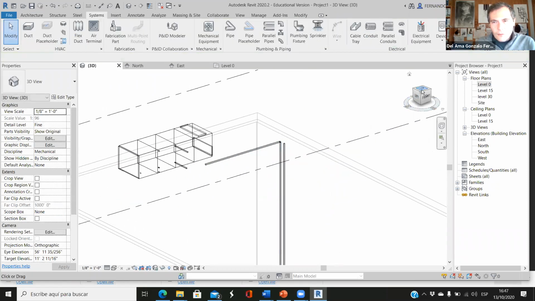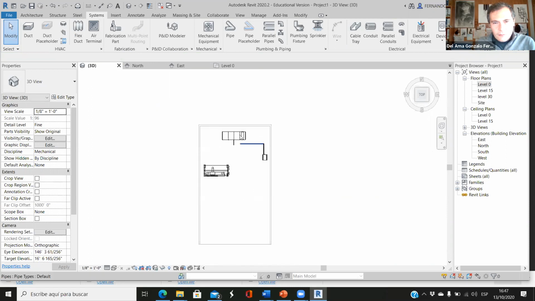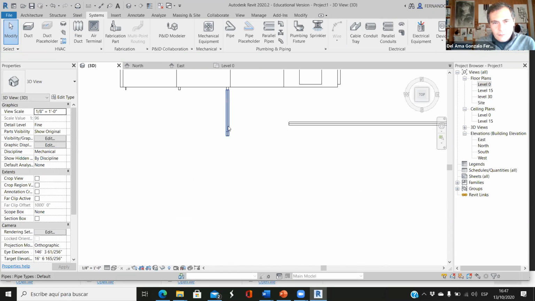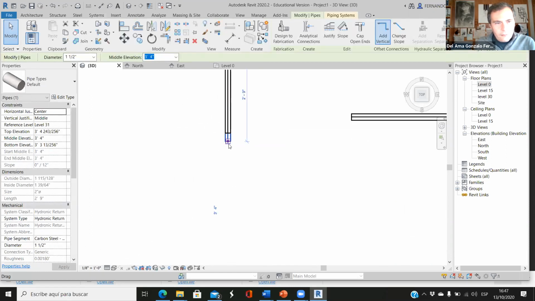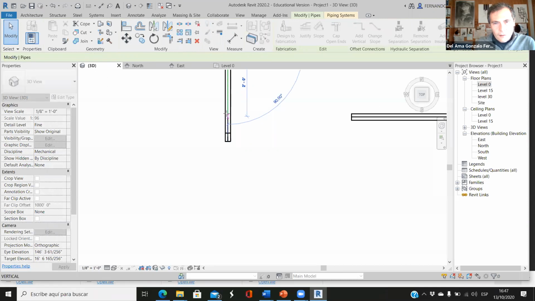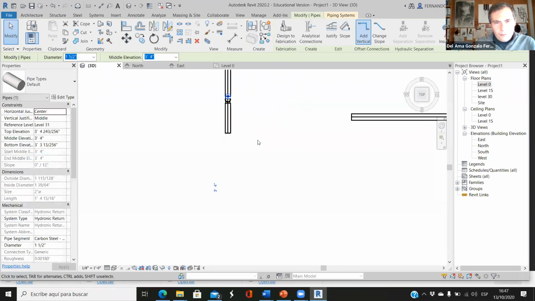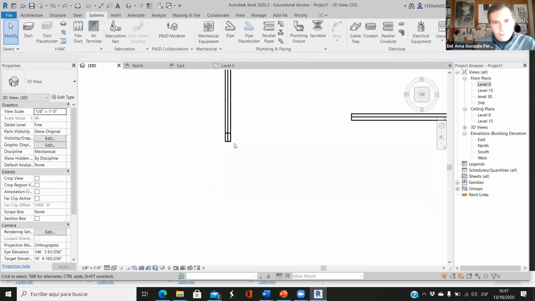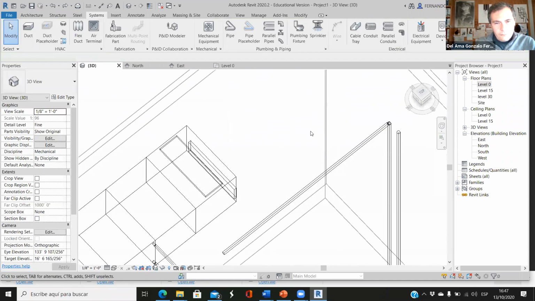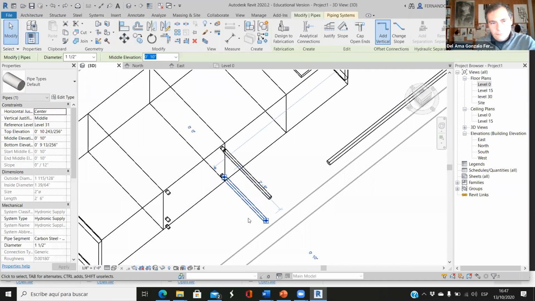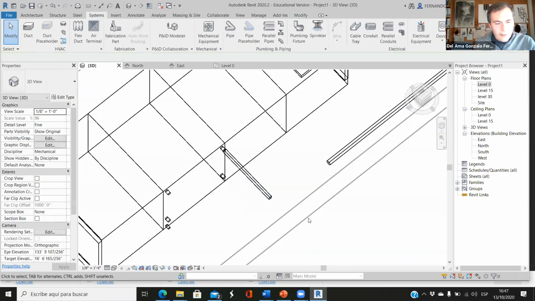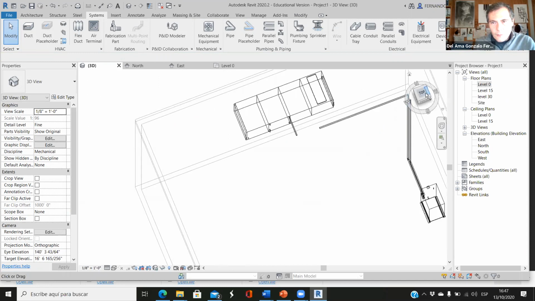And now if I look at the top level, okay, so this is the hydronic return. This is a supply. Okay, let's work with the return at the beginning because it will be a mess.